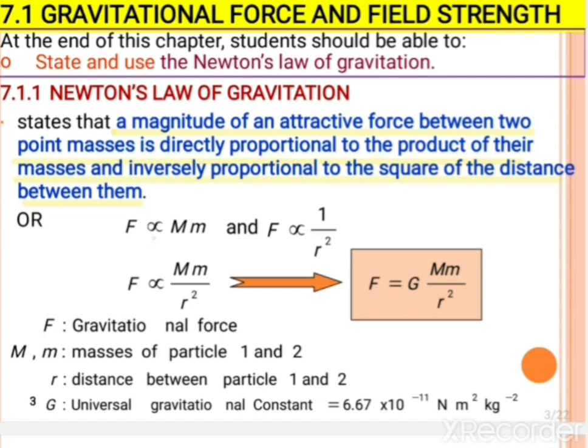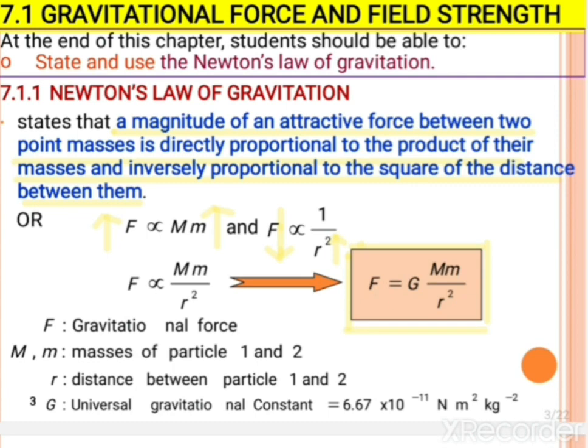F is directly proportional to the product of masses, meaning that if the product of masses increases, gravitational force will increase, and F is inversely proportional to the square of distance. If the square of distance increases, gravitational force will decrease. Mathematically, you get F equal to G m1 m2 over r squared.